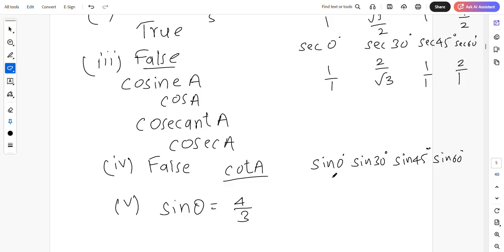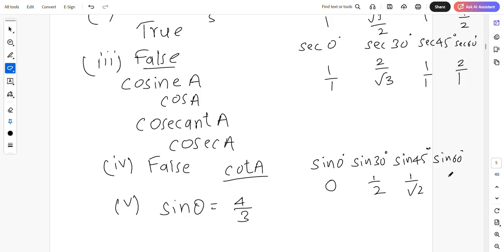Sine 0 is 0. Sine 30 is 1 by 2. Sine 45 degree is 1 by root 2.